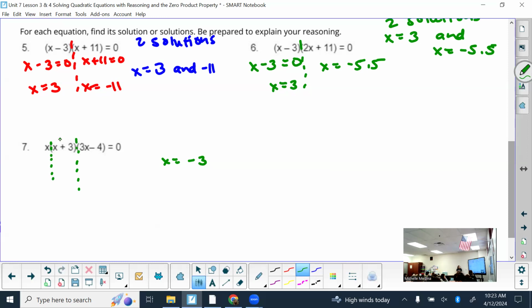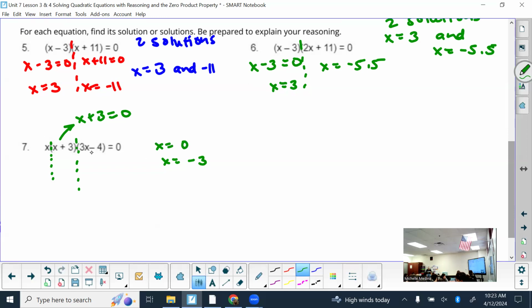And I can't really squeeze it in there, so I'll write it up here. X plus 3 equals 0. To make that 0, it has to be -3, right, for the x. What would this have to be to make it 0? 5. 0, so that's one of my answers.